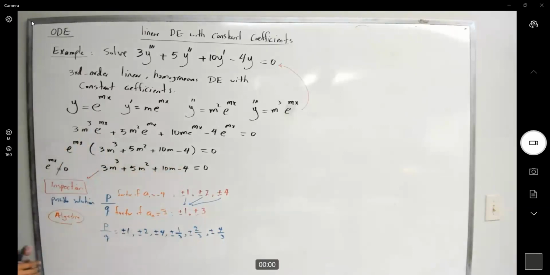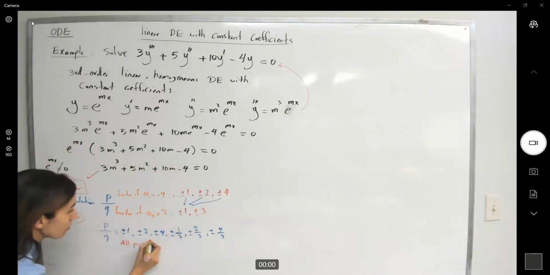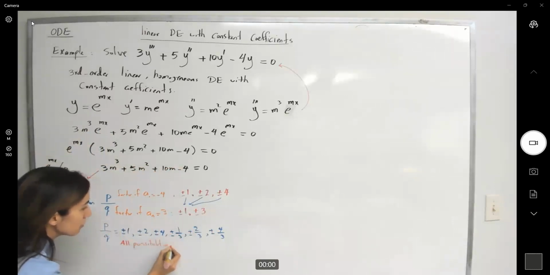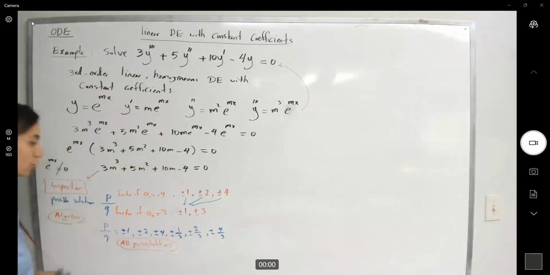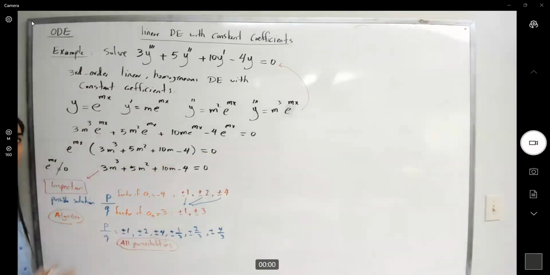zeros for this equation. We are not sure which one, but we know all the possibilities. It means that we have to plug each one of them into the equation and check which one is a 0.